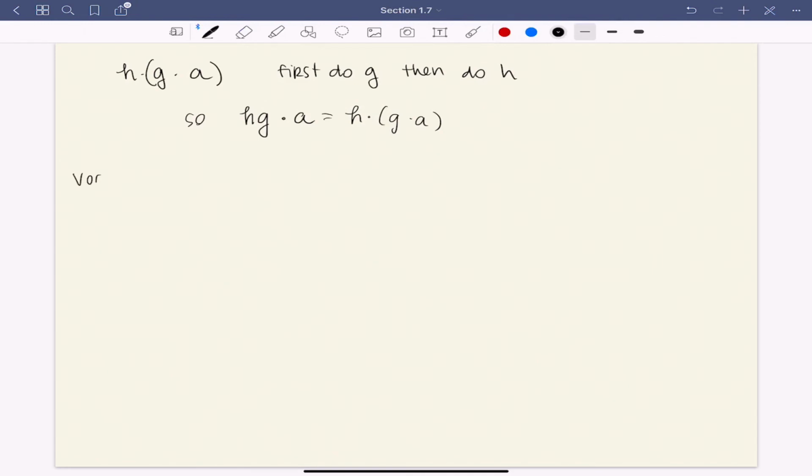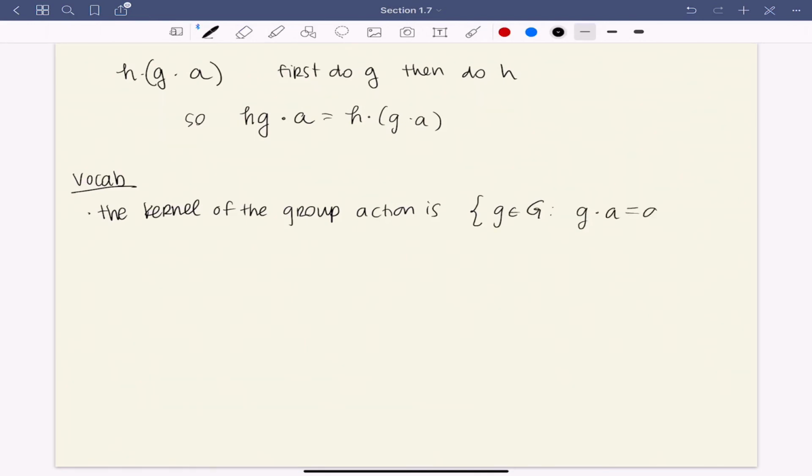So I want to give 2 vocab words. The kernel of the group action is a priori the subset of g in G such that g dot a is a for all a in A. So this is all the elements of G that don't do anything to the set A. They don't move it in any way.